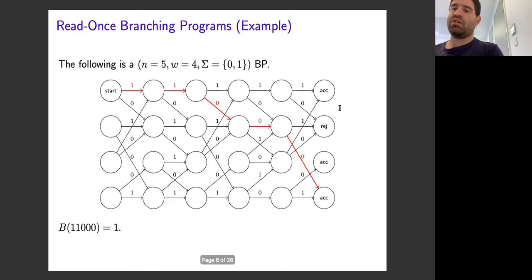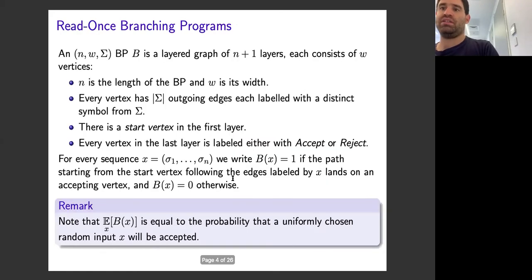And how computation is defined in this model: you have an input, which is n symbols from Σ. You start from the start vertex and you go according to the labels. And if you reach an accepting vertex, you accept. And if you reach a rejecting vertex, you reject. That's it.